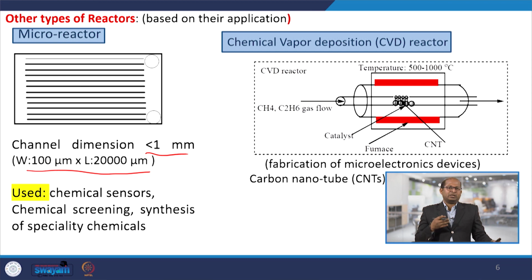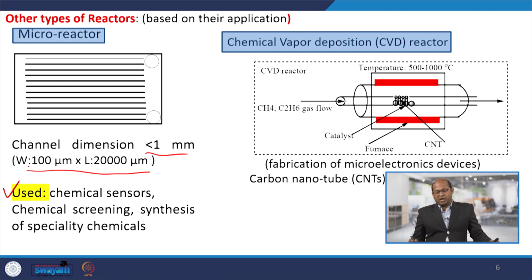Mostly, the objective of any type of reactor is to place some catalyst, conduct some reaction, and get some product. That is the objective, but here the dimension is very small, so it is called a micro channel reactor or micro reactor. This type of reactor is commonly used as a chemical sensor, for chemical screening, and for synthesis of specialty chemicals.